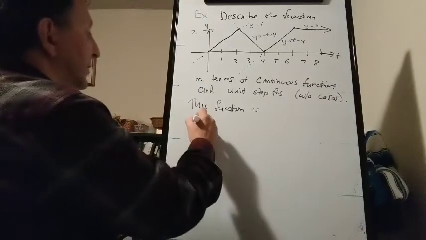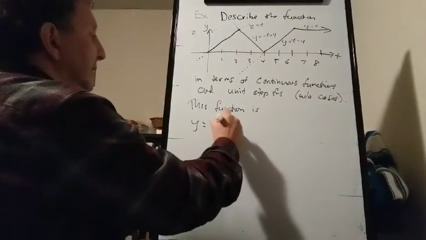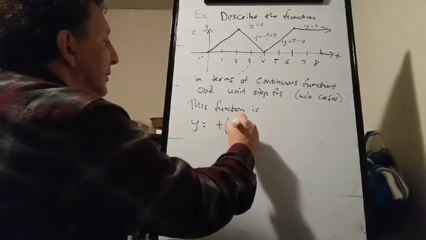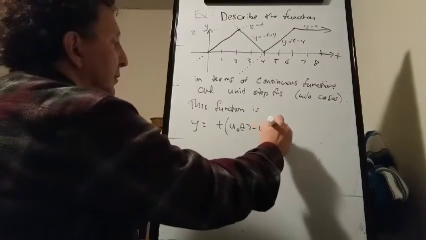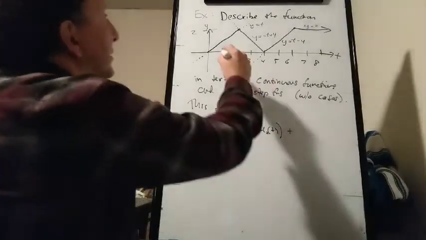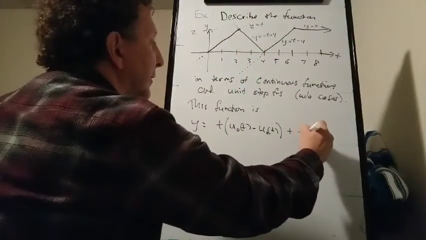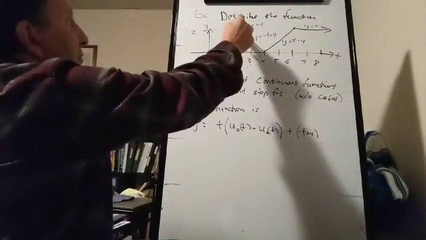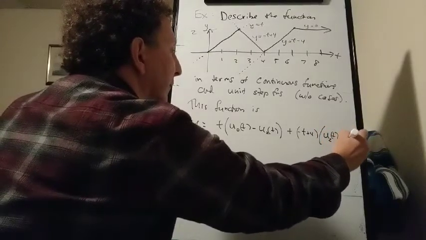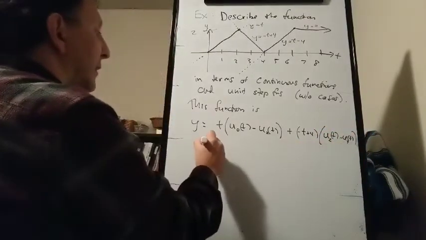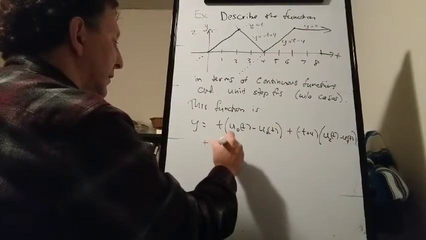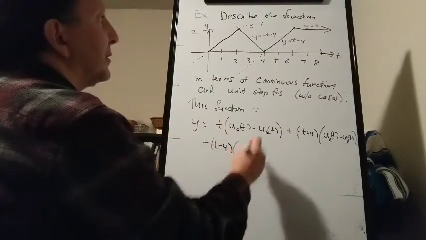So this function is y equals t. We want to turn the function t on from 0 to 2. And then plus negative t plus 4. We want to turn that function on from 2 to 4. And then we want to use the function y equals t minus 4 and turn that one on from 4 to 6.